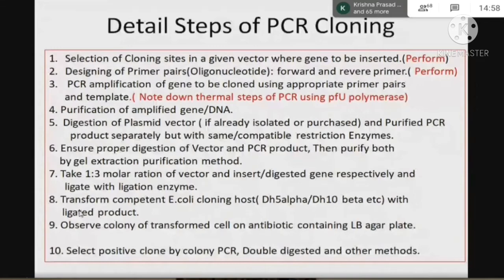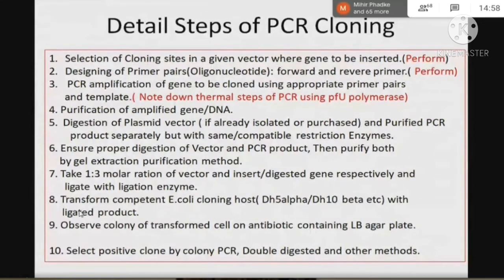Sometimes two enzymes don't work in one buffer. Both need their own buffer. Then you have to do sequential digestion. Means first you digest with BamHI, then purify it, and then digest with HindIII. So depending upon the set of restriction enzymes and their available buffers, we check whether we can digest with both enzymes simultaneously or singly, sequentially.